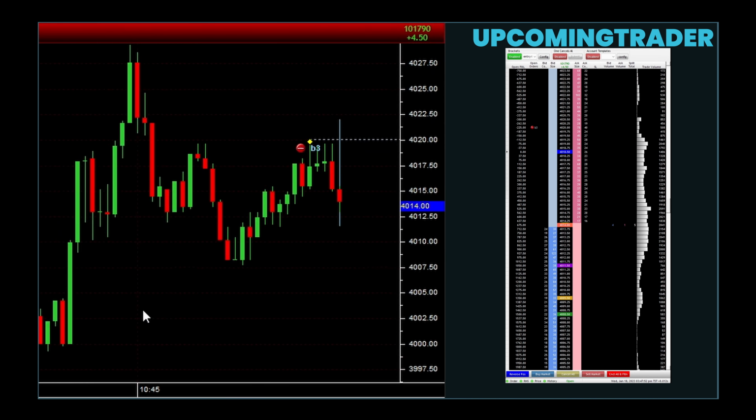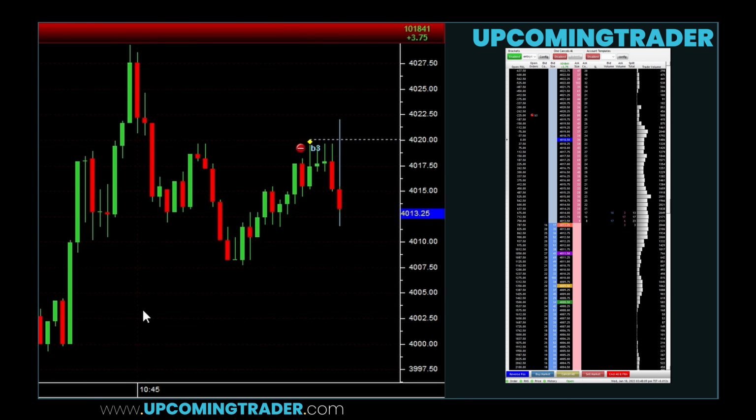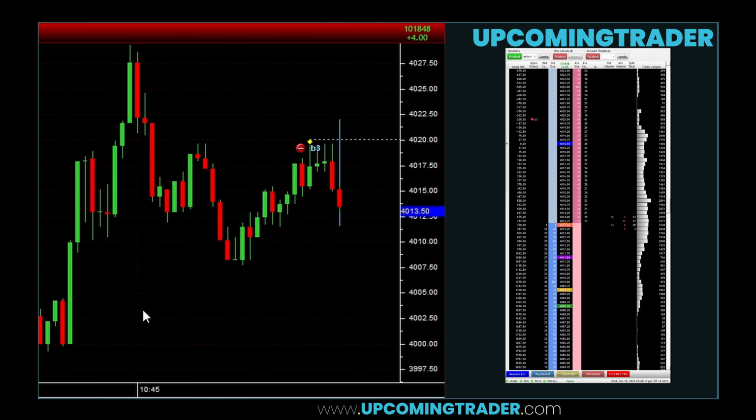Low volume on a breakout may suggest a false move, while high volume can confirm strength. Combining TPO with volume helps you validate key price levels and avoid being caught in false breakouts or weak trend attempts. All right, let us recap what we have talked about today.